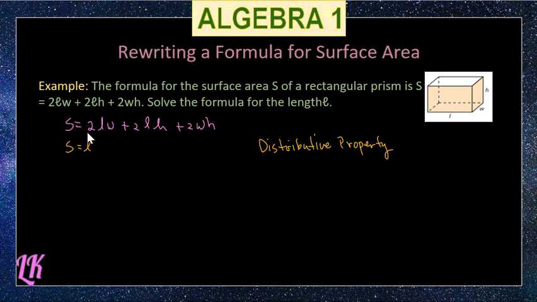In order to isolate L from 2 times L times W, or 2LW, we need to divide L from that term. And the remaining coefficients are 2W.